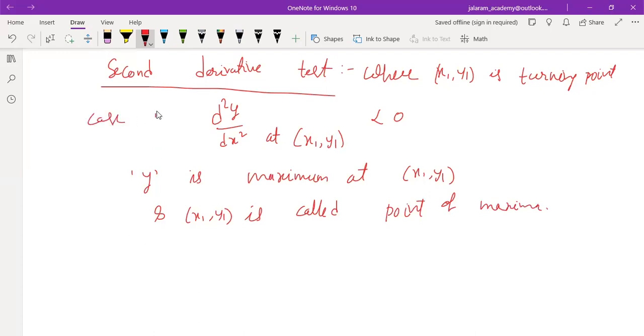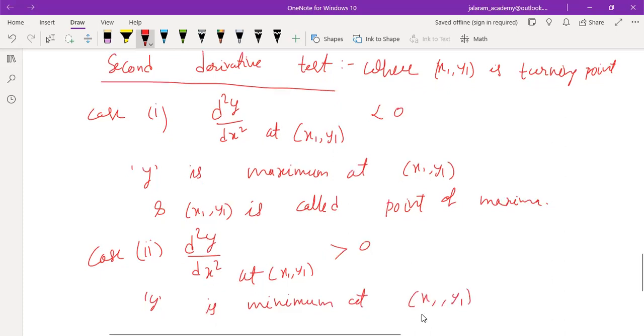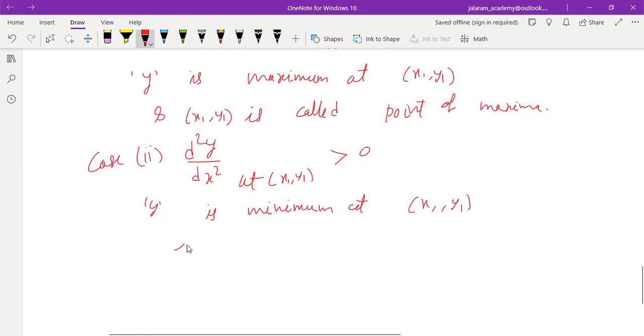And case second, if d2y by dx square at this turning point x1 comma y1 is greater than 0, then y is minimum at this point, and x1 comma y1 is then called the point of minima.